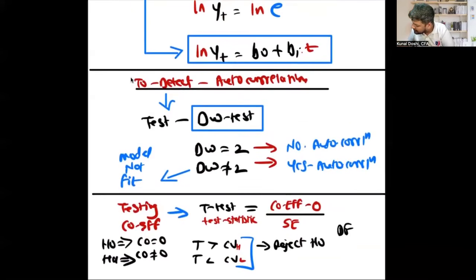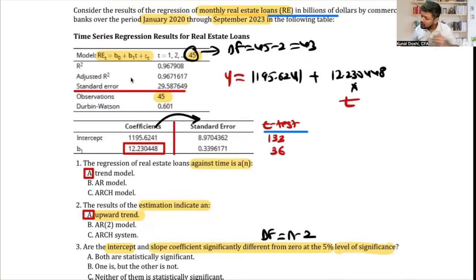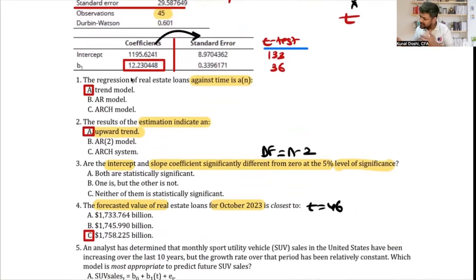My degree of freedom is n minus 2. This is similar to correlation test. Whenever we were testing any coefficient like correlation, it was n minus 2. So here also we will take n minus 2 and the significance at 5%. You will get those values from the distribution table. Actually, the critical value is 2.02 or 2.09 to be precise.